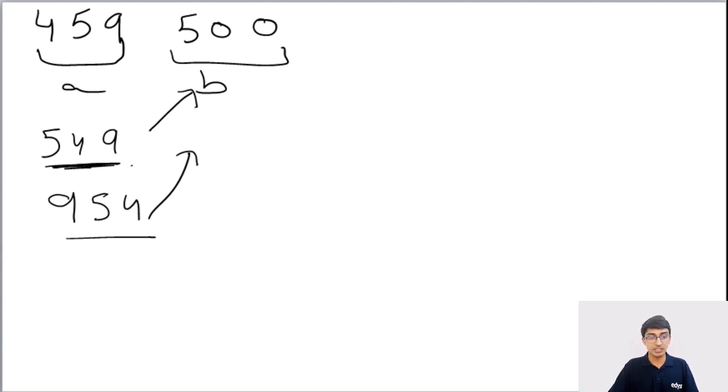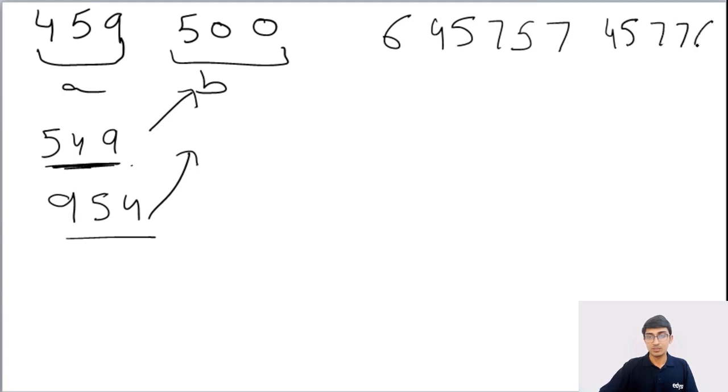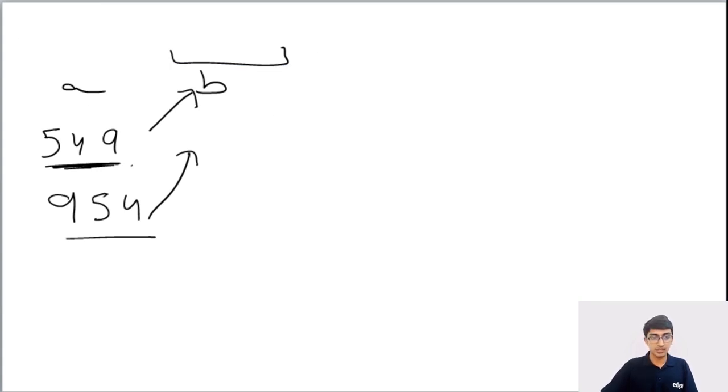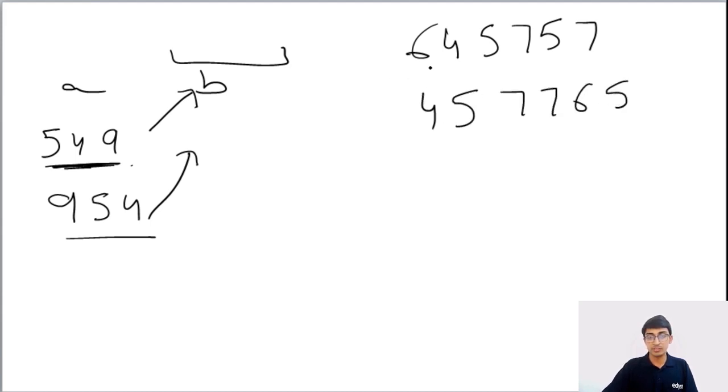Let's look at another test case so that we understand. The other test case has A as 645757 and B as 457765.